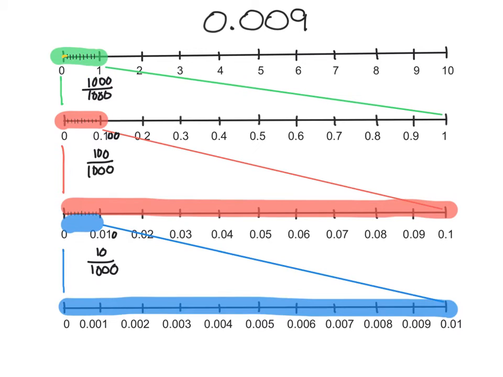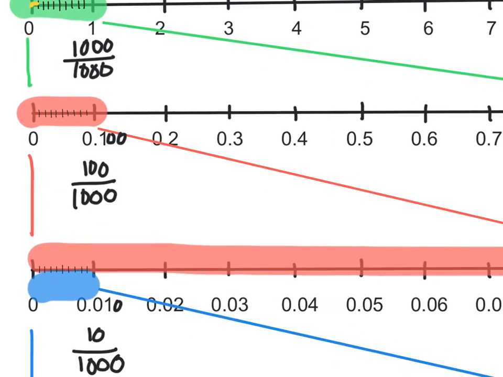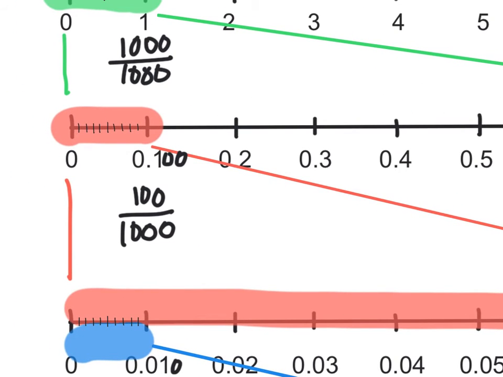And on the second number line, this is 1/10, but if I put 2 more zeros on it, that's 100 thousandths. So 9 thousandths is still way back before the 10 thousandths, but it's really close to the first tick mark, just not quite there.